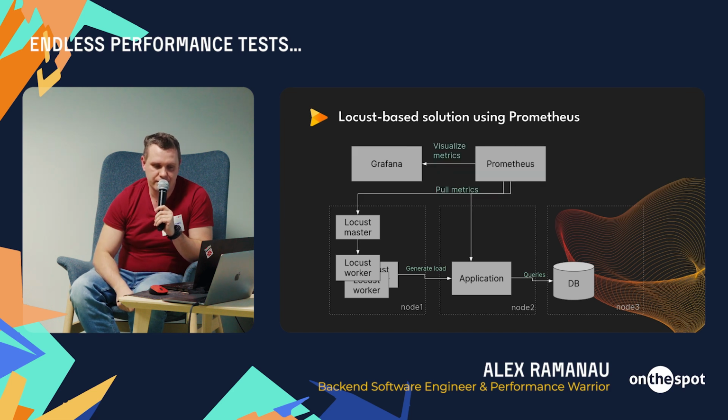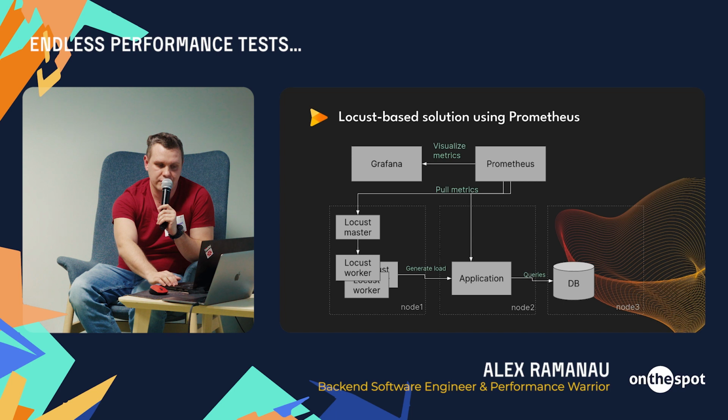But we can add monitoring. Prometheus starts pulling metrics from the application. Also, we can integrate Locust with Prometheus with a little effort. And we may use Grafana for visualization of such metrics.